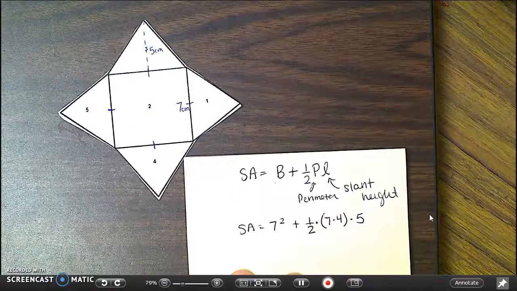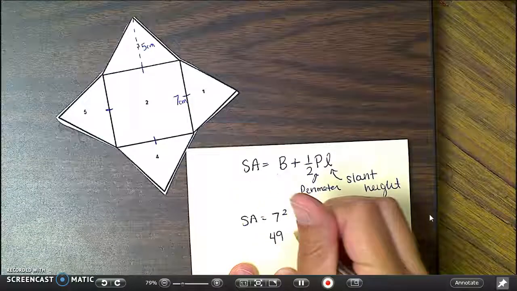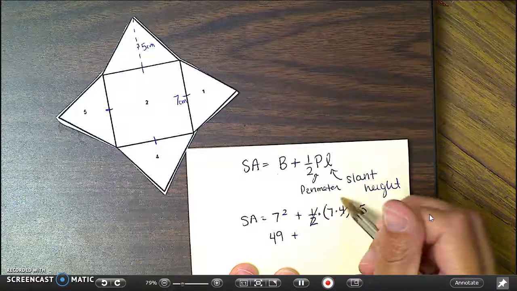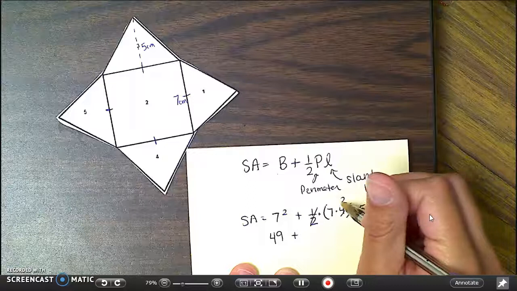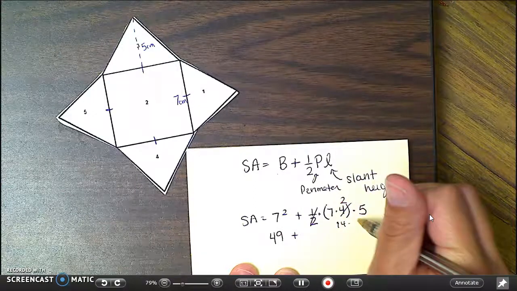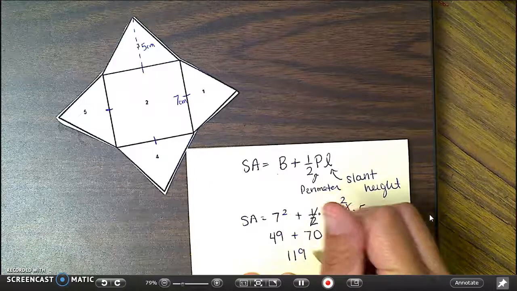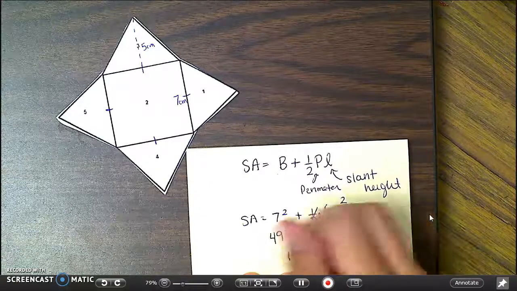So then we can just do our math. So 7 squared is 49, plus I can take half over here wherever I want. I'm going to take half of 4, that's 2. So then 14 times 5 is going to be 70, and so then 119 centimeters squared is my surface area here.